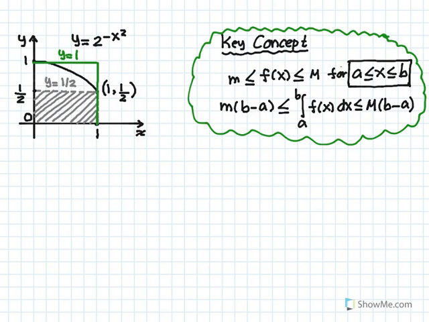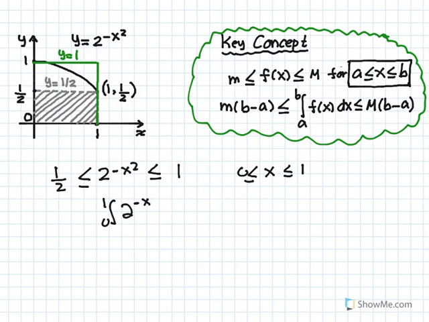All right, so what we have is the function 2 to the minus x squared is between 1 and 1/2 for x between 1 and 0. Now the definite integral from 0 to 1 of 2 to the minus x squared dx is less than or equal to 1 times 1 minus 0.